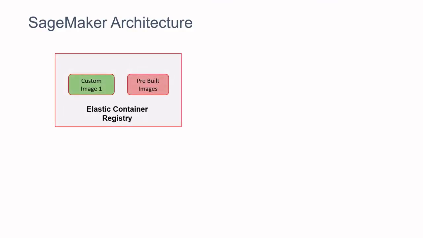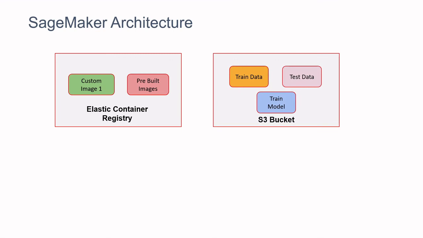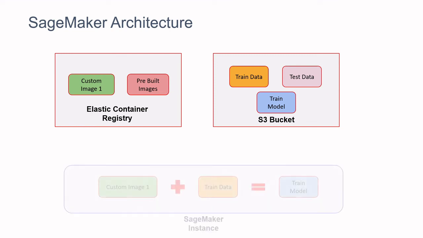As we have already explained, in the SageMaker architecture we need three components. One is the Elastic Container Registry, wherein all the images, the different versions of custom images or the pre-built algorithm, are stored. The second one is S3, wherein your training data, test data, and the model artifact are stored.